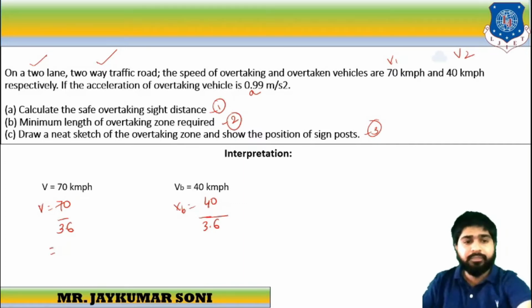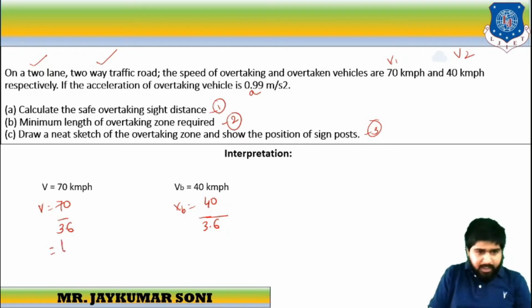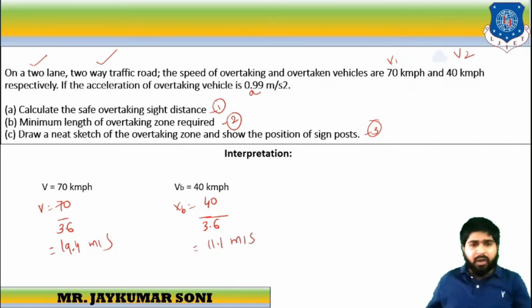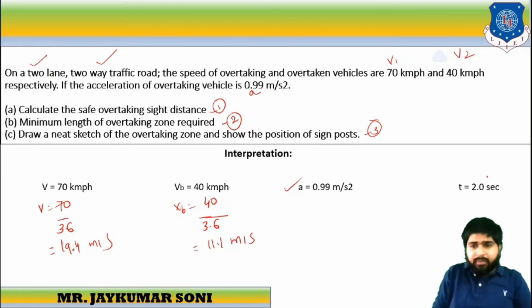So this is coming as 19.4 meter per second and 11.1 meter per second. Now, the acceleration given here is 0.99 meter per second squared. T we are assuming as 2 seconds instead of 2.5 seconds.